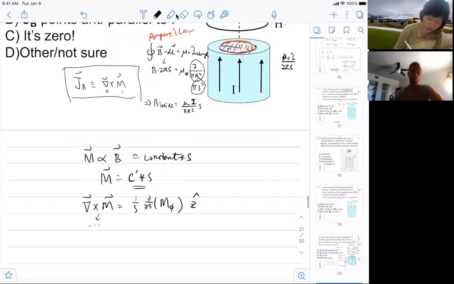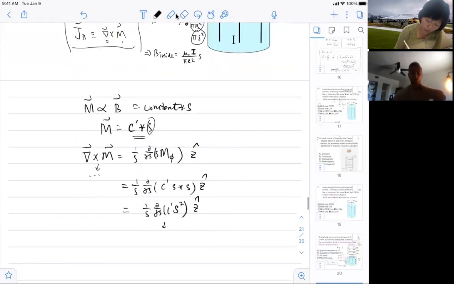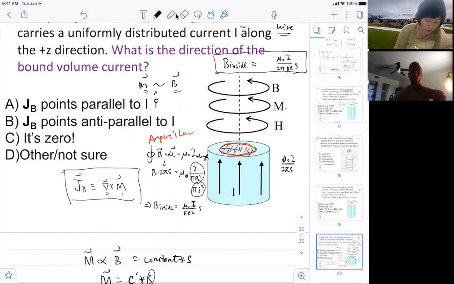So this is what I did from the book. And you can plug in the specific form. Oh, sorry, S times phi hat. So S times S, because there's an S here. And you can see this is 1 over S d/dS of constant times S squared. Now this becomes 2CS over S and gives you a constant in the z hat direction, right? All of these constants are positive and it's in the positive z direction, which is parallel to I.